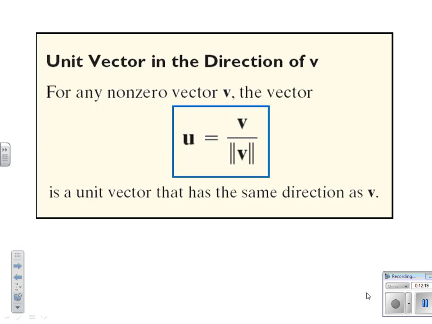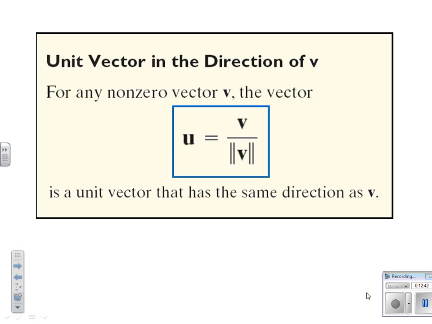If I want to find a unit vector, crazy enough, we call the unit vector u for unit. It's one of those that actually makes sense. Our unit vector is our regular vector divided by the magnitude of our vector.